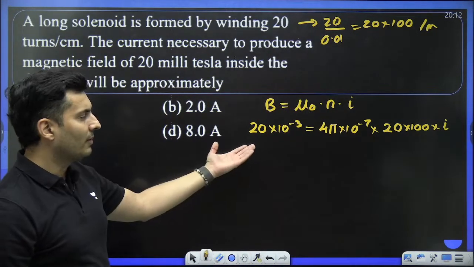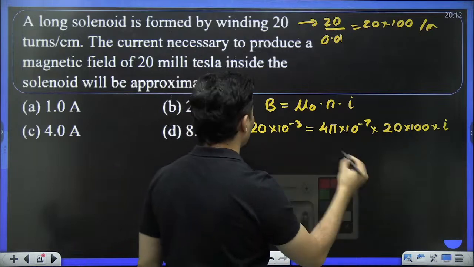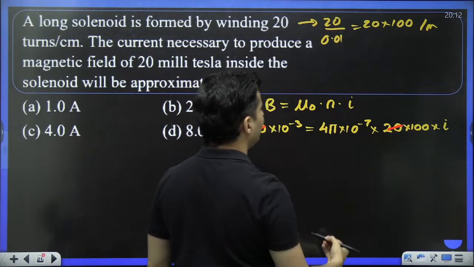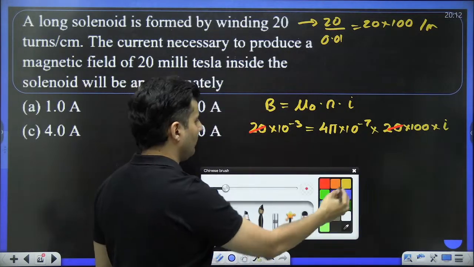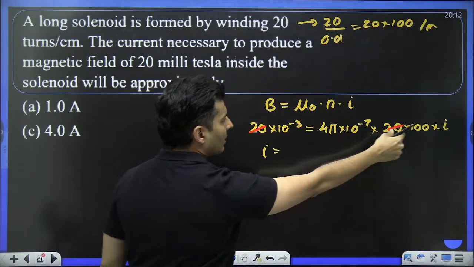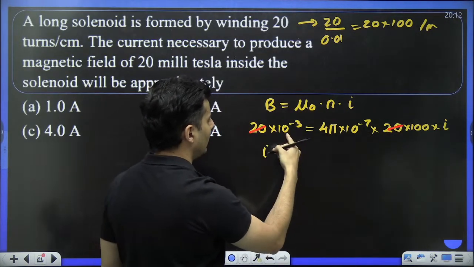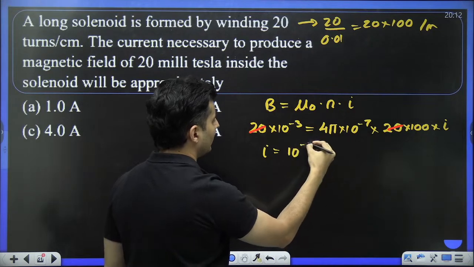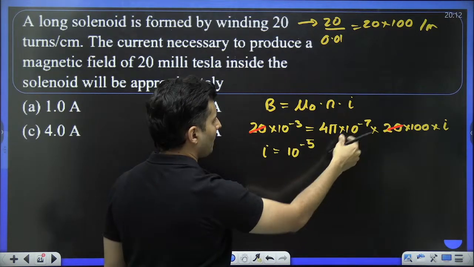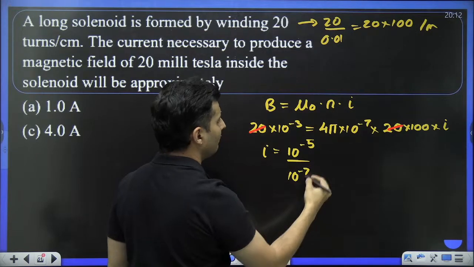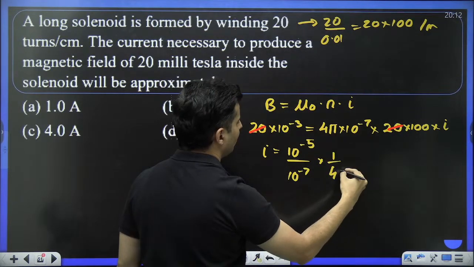Now it's just a matter of calculations, there is nothing great about it. So cancel this 20, cancel this 20, and shift the values. So current will be 100. If I take it here, it will become 10 to the power minus 2. With this minus 3 will become 10 to the power minus 5. This will become 10 to the power minus 7 below, and into 1 by 4 pi.